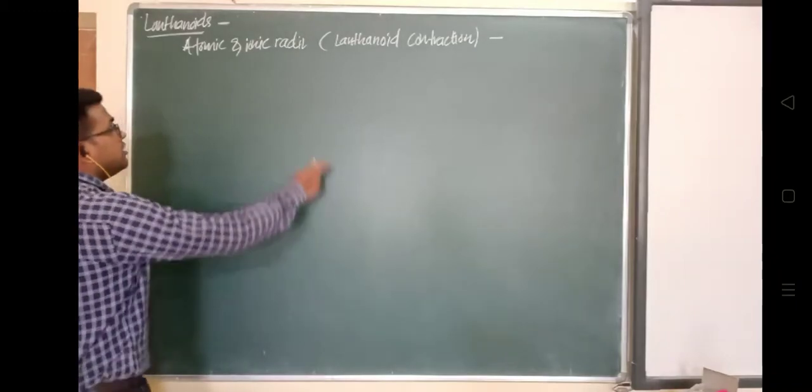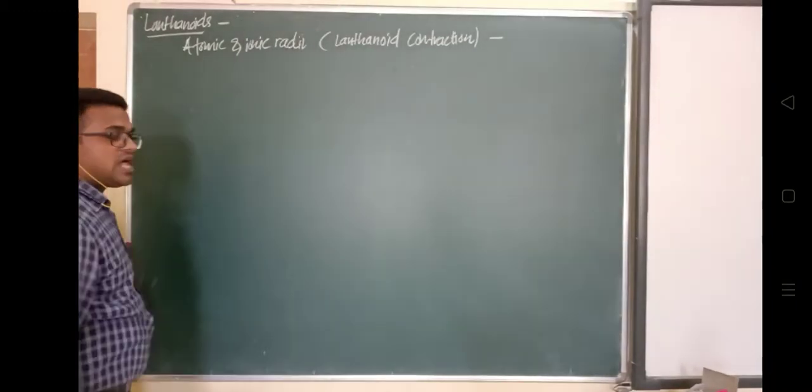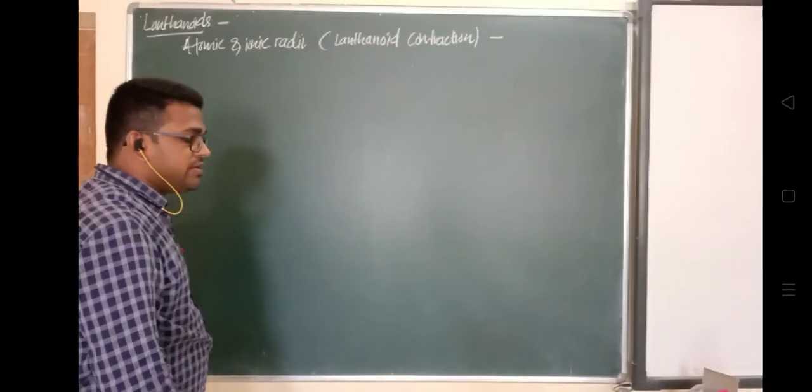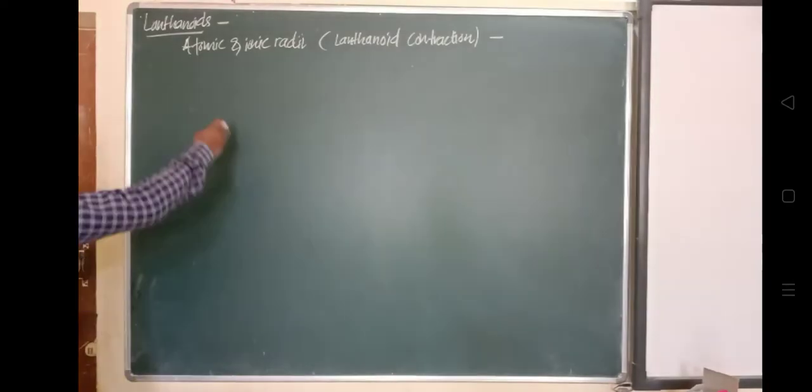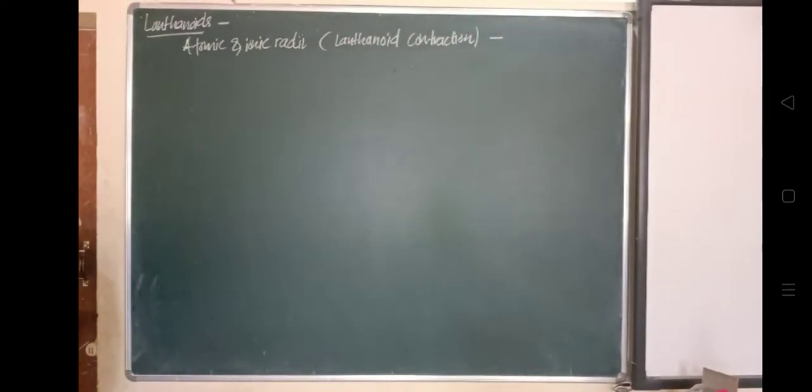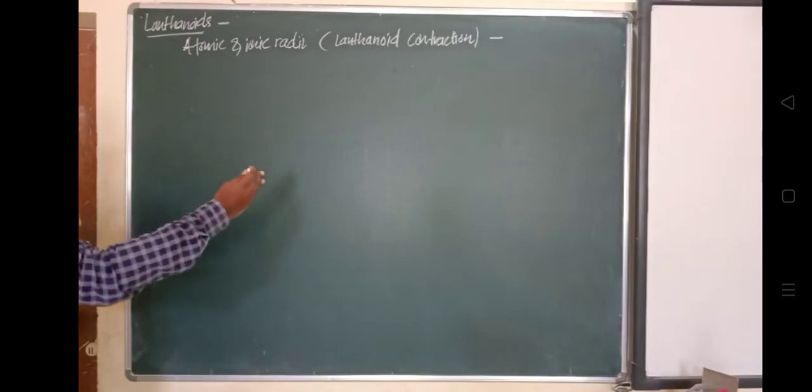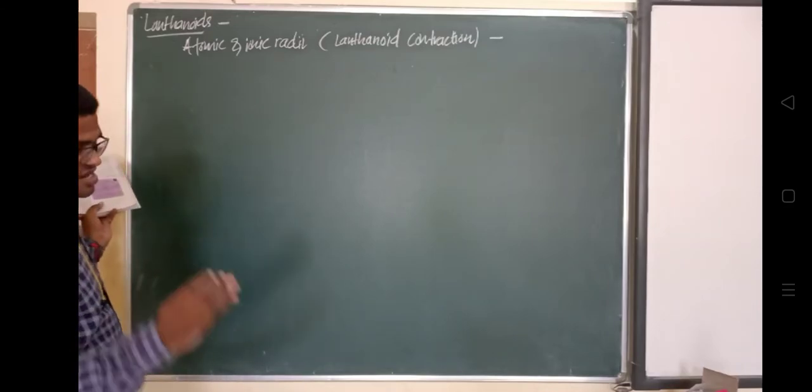If you look into the lanthanoid series, the F block elements, moving from lanthanum to lutetium, we observe that there is a contraction in their atomic and ionic radii.